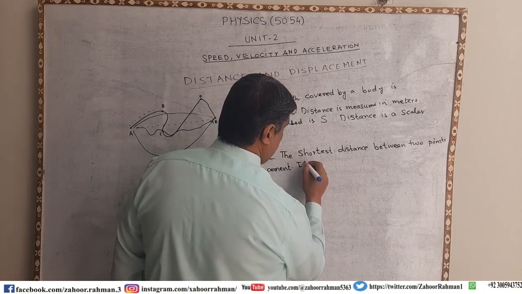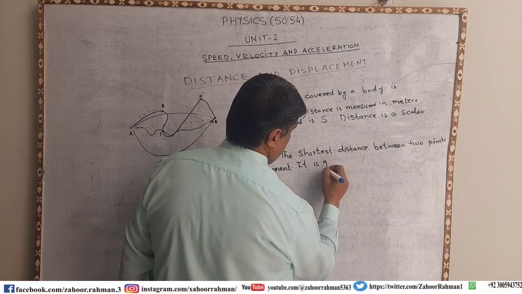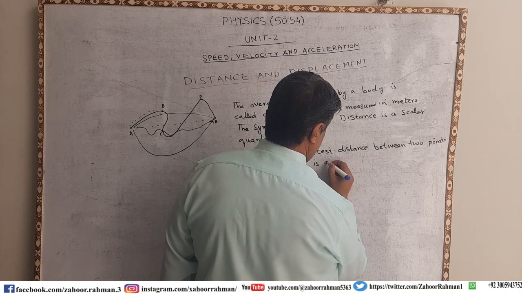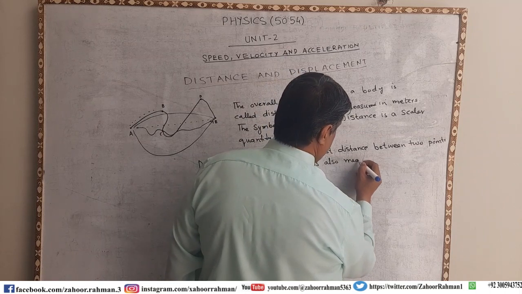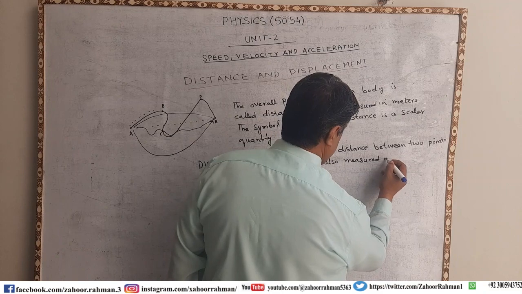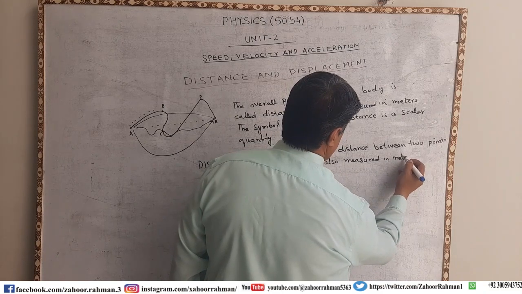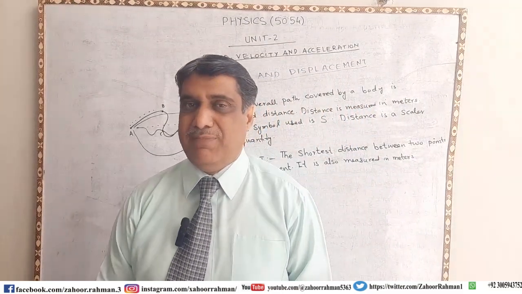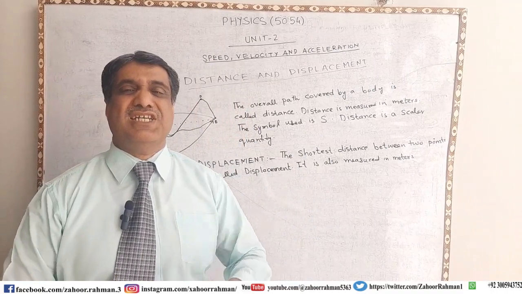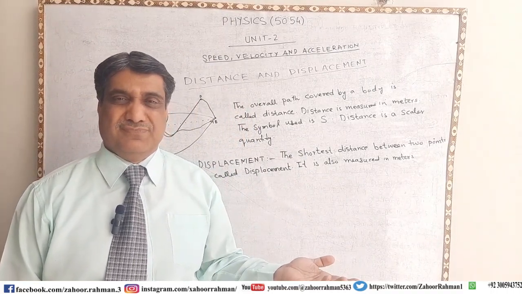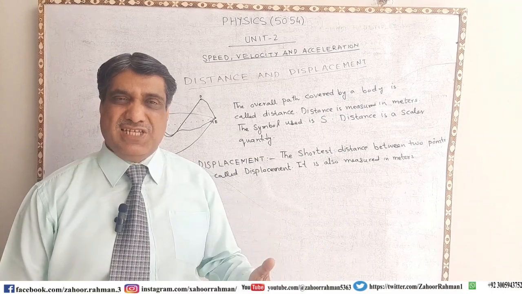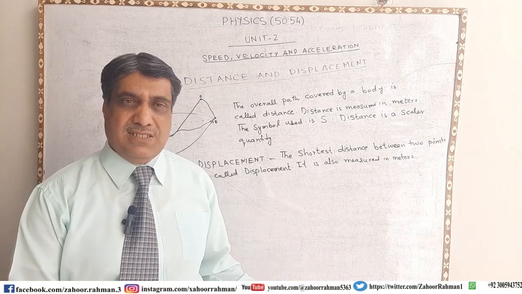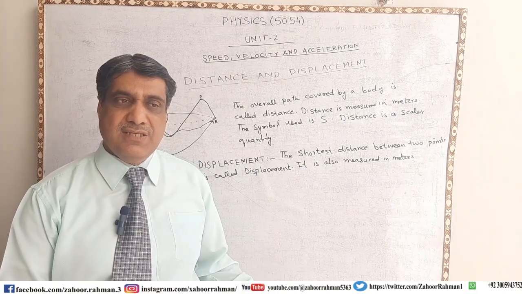It is also measured in meters. And there is a very good question coming to my mind. If I am saying that a body covered 30 meters, so distance is also denoted in meters and displacement is also denoted in meters.